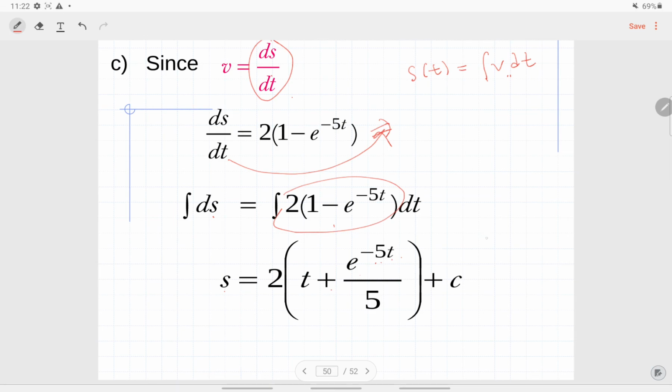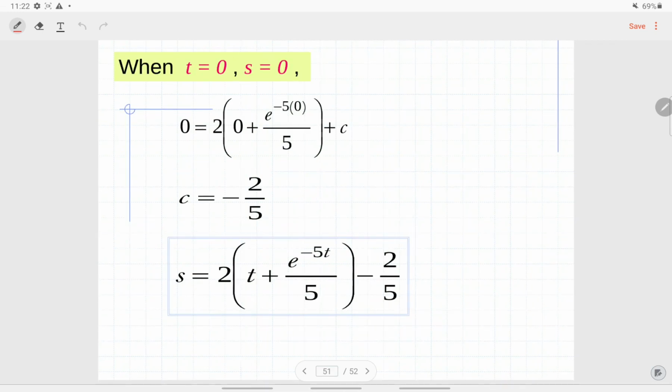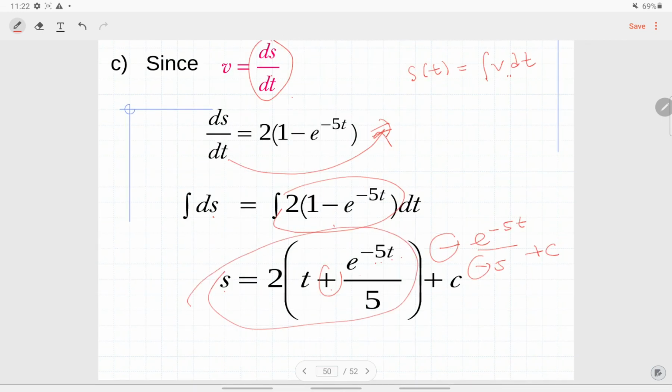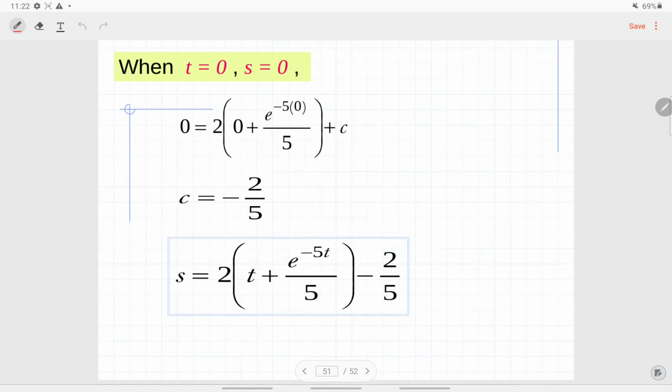With the integral of exponential negative 5t, we get itself over negative 5, right? So it is negative, so negative negative will be positive. And then please don't forget c. And then when t equal to 0, s equal to 0, we substitute into this equation. We can get the value for c is negative 2 over 5.